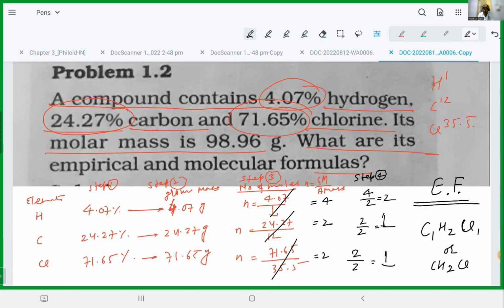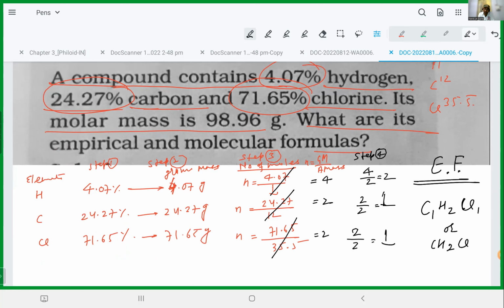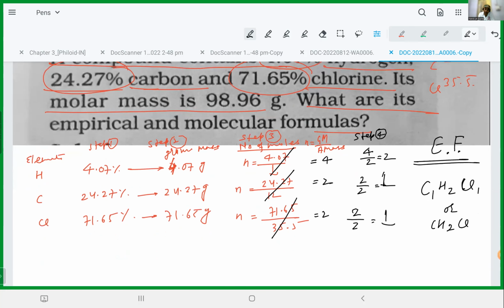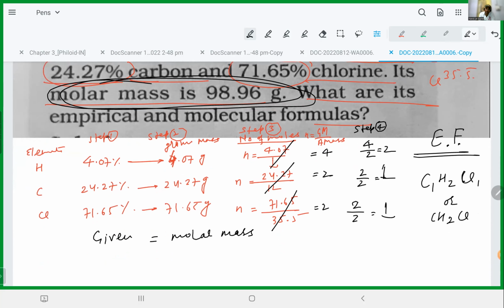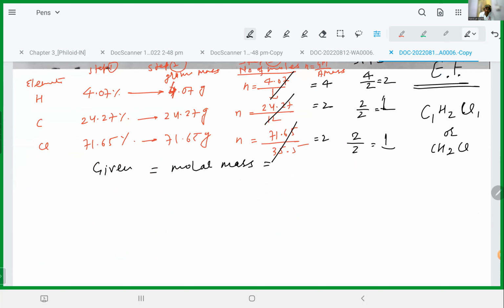Now I am moving a little bit forward. See, molar mass they have given, yes or no? Here molar mass is given: 98.96. Empirical mass we have to calculate.